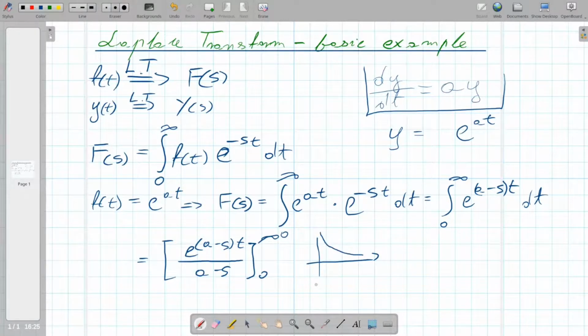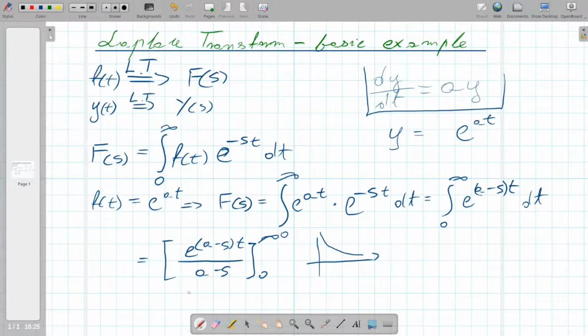This will be the situation we analyze further. The third situation is when a approaches s, and then the expression approaches infinity because the value of the denominator approaches 0. Such a situation is called a pole, and the answer blows up to infinity. It is a really interesting thing in the case of automatic regulation, but it's not important for us for now.